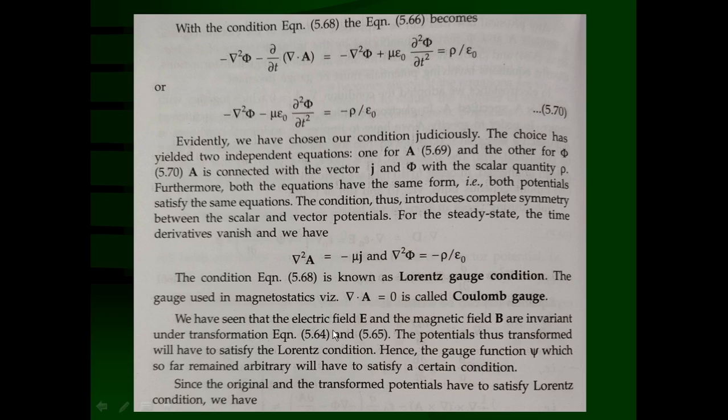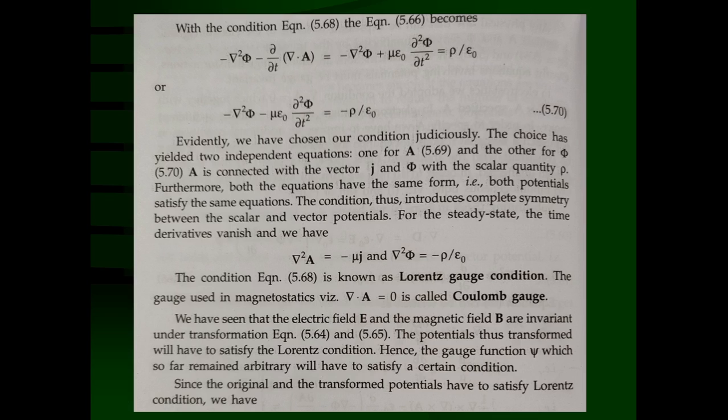We have seen that the electric field E and magnetic field B are invariant under the transformations of 5.64 and 5.65. The potentials thus transformed will have to satisfy the Lorentz gauge condition. Hence, the gauge function psi, which so far remains arbitrary, will have to satisfy certain conditions.